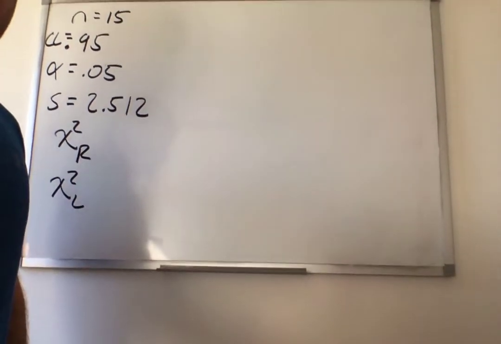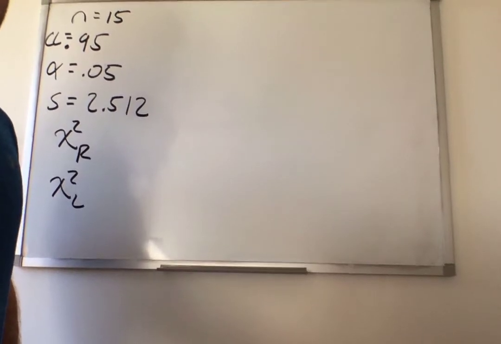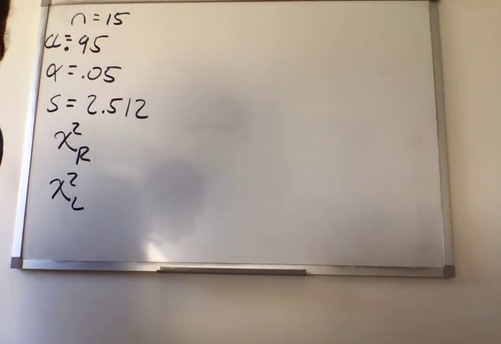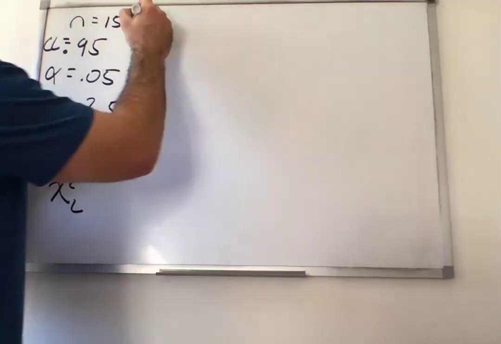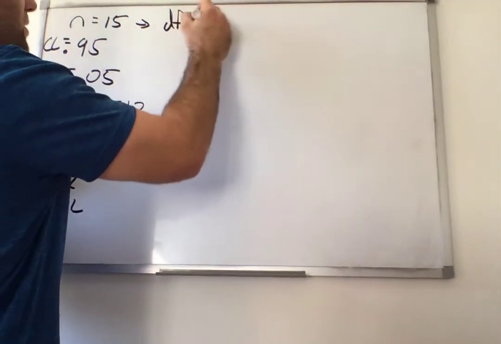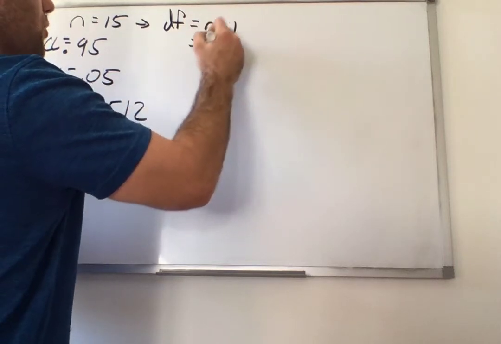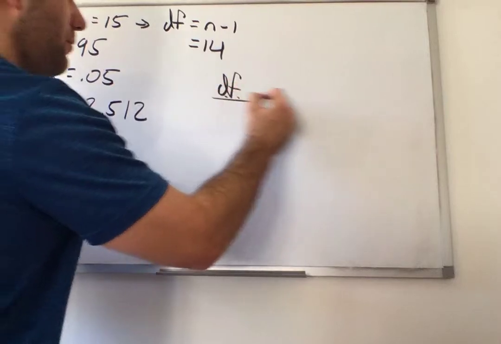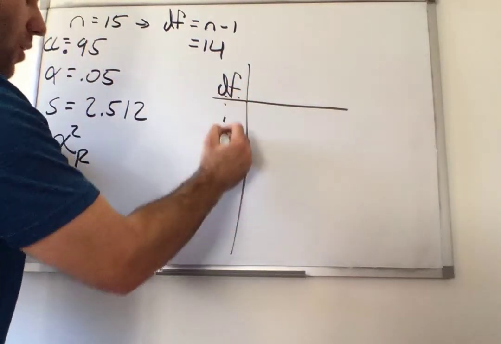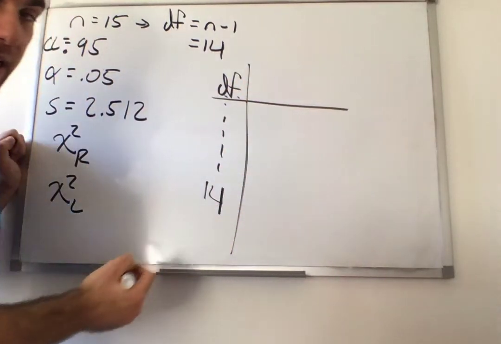Now the only thing left to find is the chi-squared right value and the chi-squared left value. So that's when you're going to have to go to your table. Our sample size is 15. That means our degrees of freedom is n minus 1, or 14. In the degrees of freedom column, we're going to go all the way down to 14.